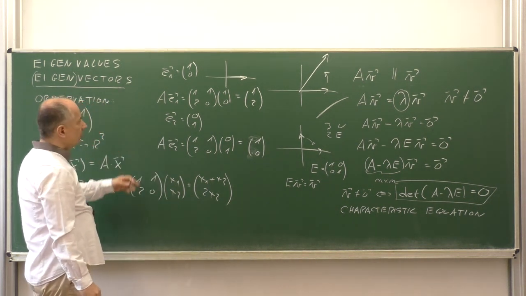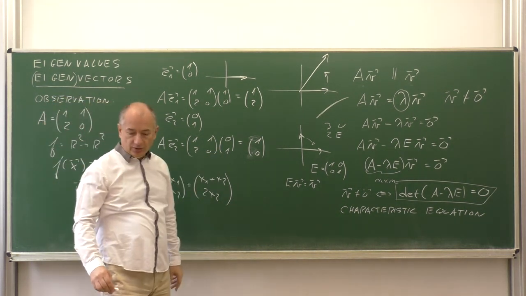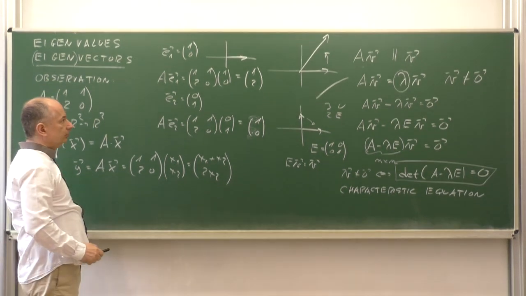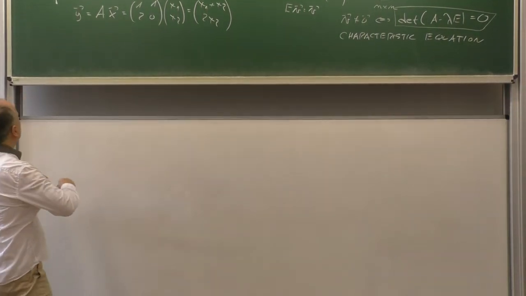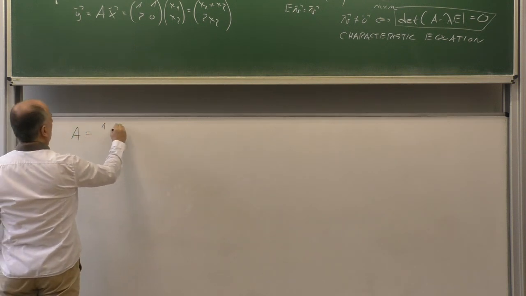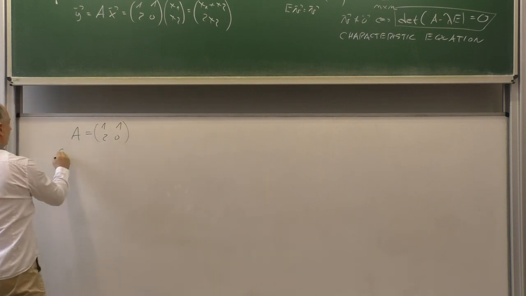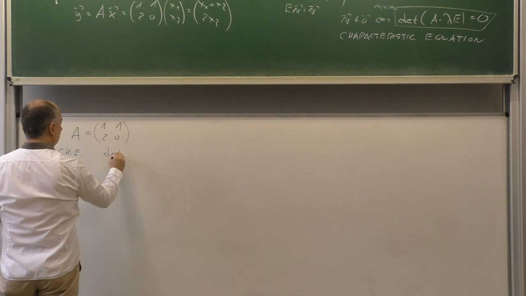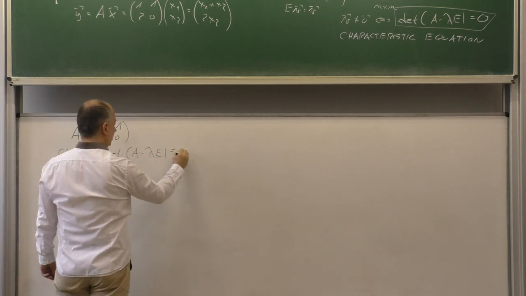Okay, so let's illustrate how to find the eigenvalues and eigenvectors for this matrix using this algorithm. So if we have once again the matrix A to be 1, 1, 2, 0, then the characteristic equation is determinant of A minus lambda E is 0.